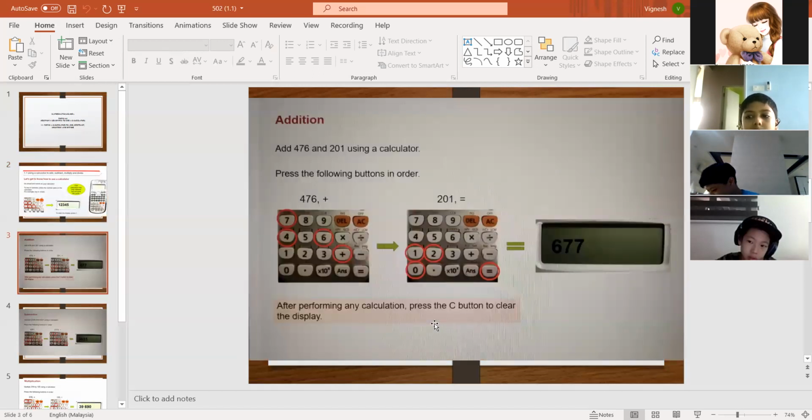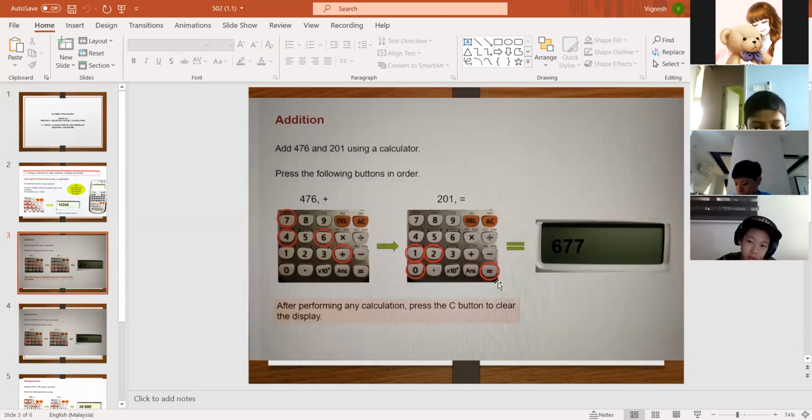Then the second one, addition. You should know how to add this. 476 plus 201 using a calculator. How to plus? I know this is the revision topic, but you should follow me, because you are all using the calculator also in your final term exam.